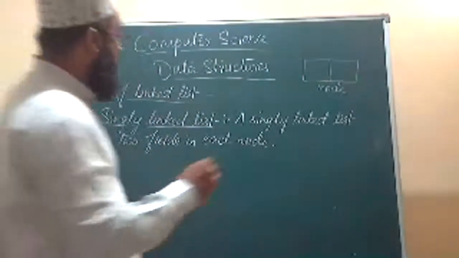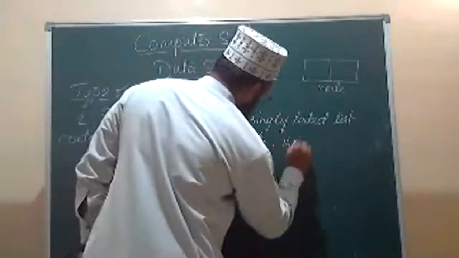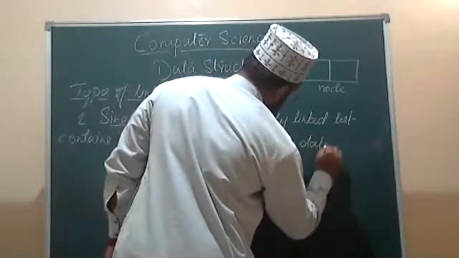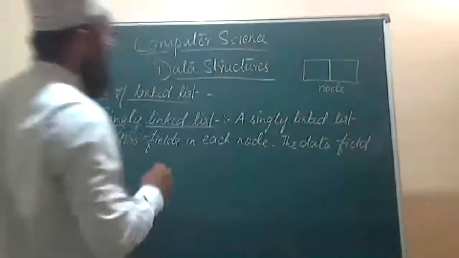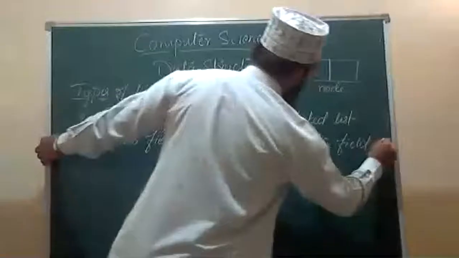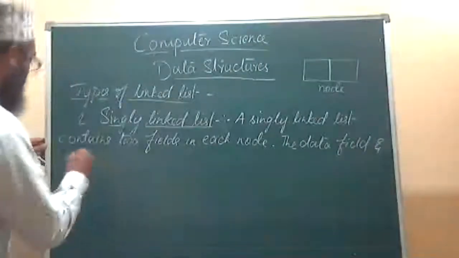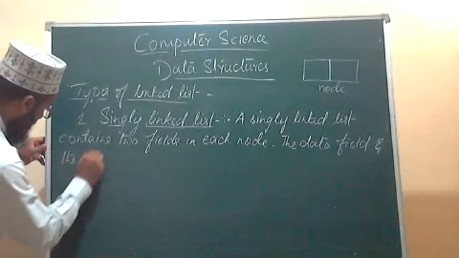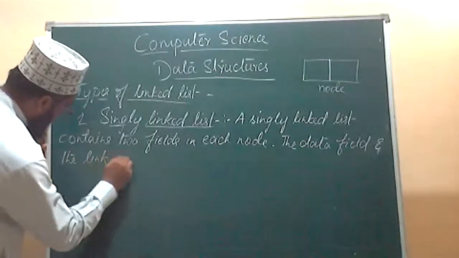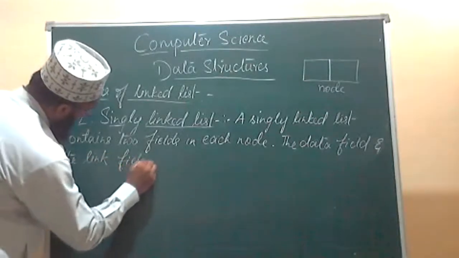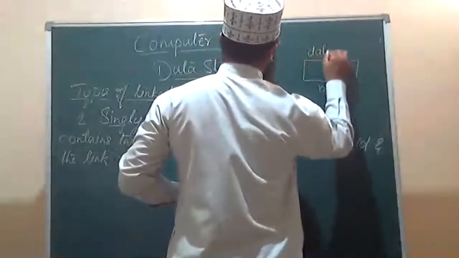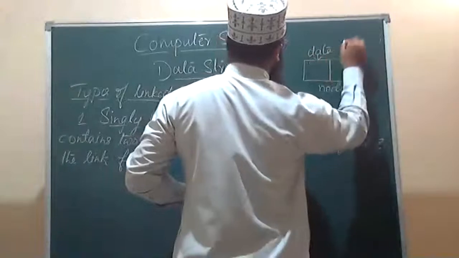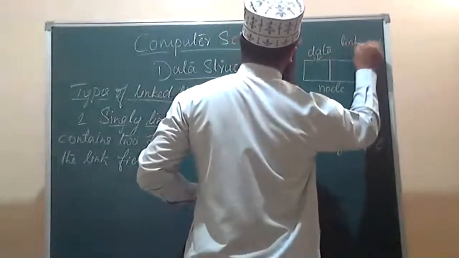The first one is the data field and the other one is the link field.